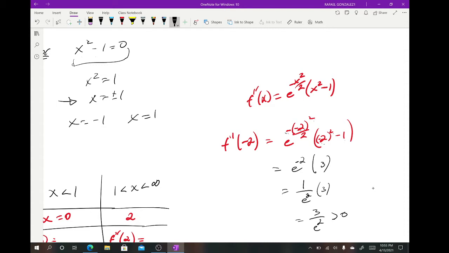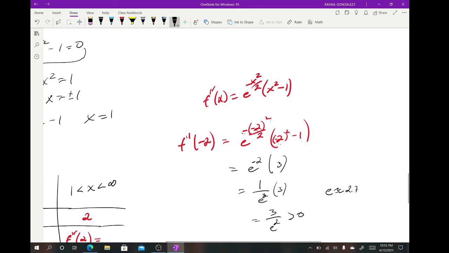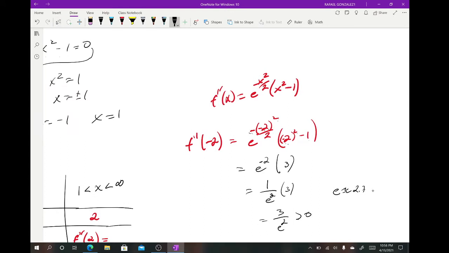Why do we know that? Well, even though this could be a small number, we know that e, Euler's number, is approximately 2.7. I mean, that's a very bad approximation. It's an irrational number, so this decimal expression goes forever, but we definitely know that this is roughly 2.7, let's say. I think it's actually 2.6, but it doesn't matter. It is a positive number.